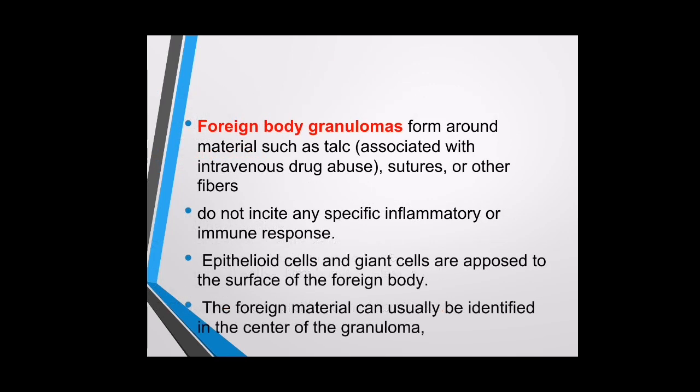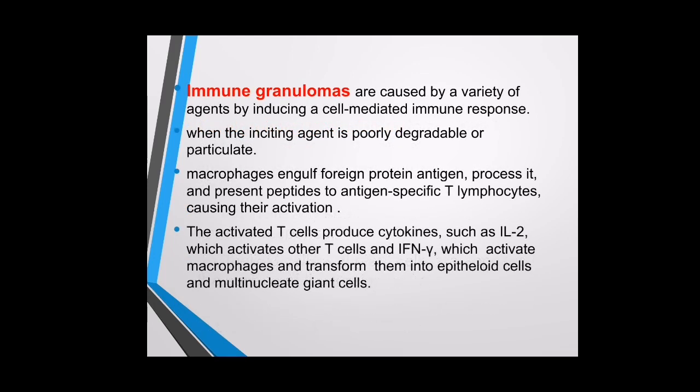Foreign body granulomas form around materials such as talc, suture or other fibers. They do not incite any specific inflammatory or immune response. Epithelioid cells and giant cells are apposed to the surface of the foreign body. The foreign material can usually be identified in the center of the granuloma. Immune granulomas are caused by a variety of agents by inducing a cell-mediated immune response when the inciting agent is poorly degradable or particulate.